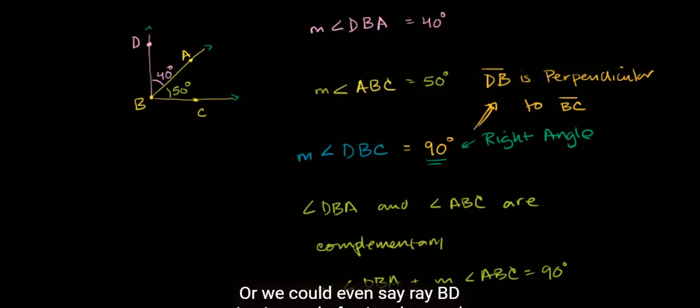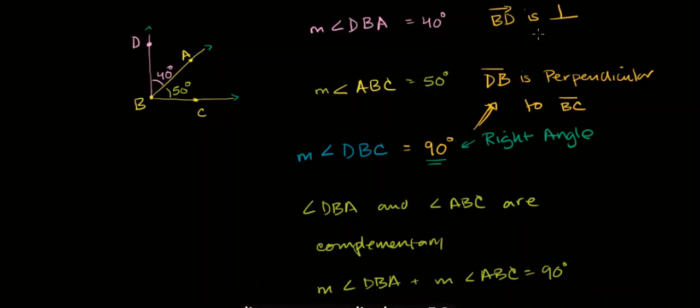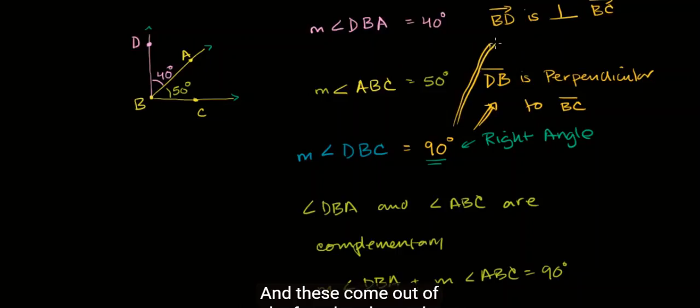Or we could even say, ray BD is, instead of using the word perpendicular, there's sometimes this symbol right here, which really just shows two perpendicular lines. BD is perpendicular to BC. So all of these are true statements here, and these come out of the fact that the angle formed between DB and BC is a 90-degree angle.